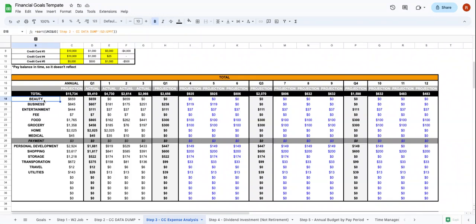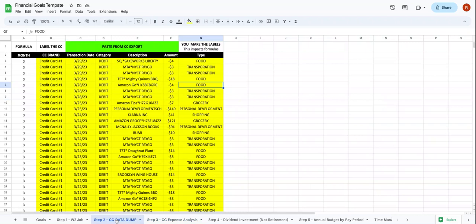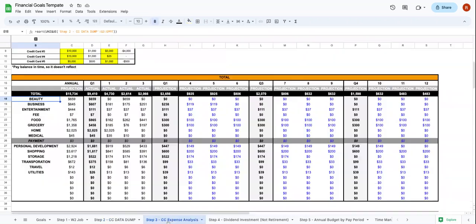This is a formula, so it'll reflect anything that you keyed. If you change a category in this file, it will automatically show up on here. You're looking at it monthly, quarterly, and then you have the whole year. These future months are projections.